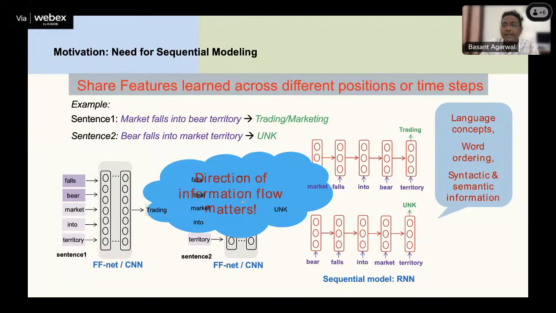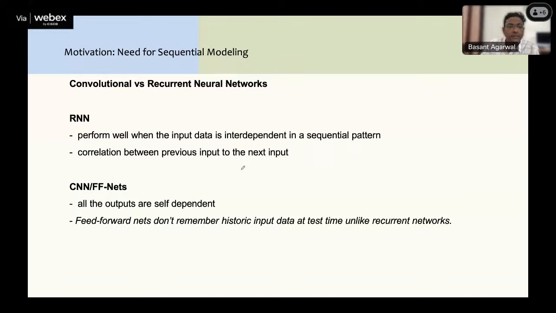Basically, the direction of information flow is a very important attribute of the recurrent neural network, which takes care of the sequence and the direction of flow of information. An RNN performs well when the input data is interdependent in a sequential manner.